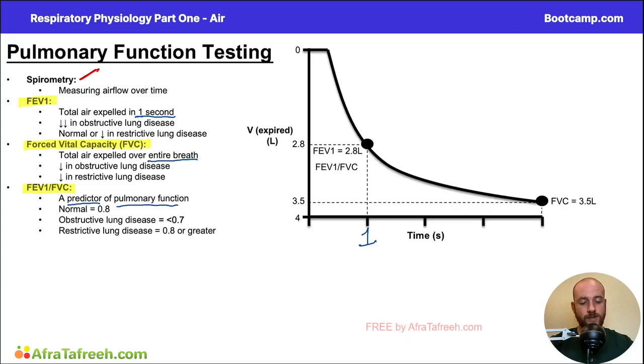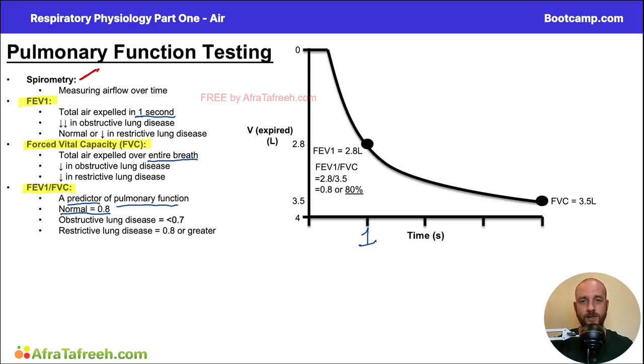In this case, it would be 2.8 divided by 3.5, which gives us a value of 0.8 or 80%. This is the value for normal healthy lungs. The FEV1/FVC ratio for normal healthy lungs will give you a value of about 0.8 or 80%, so I would keep 0.8 in the back of your mind as a value to remember.